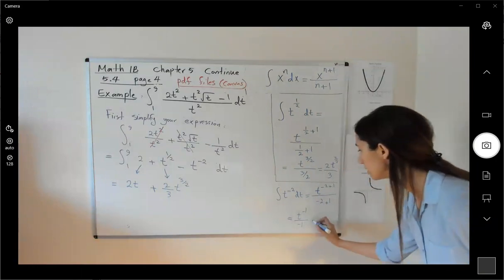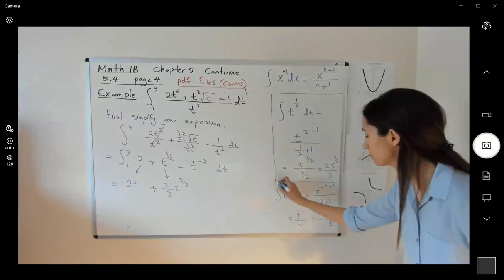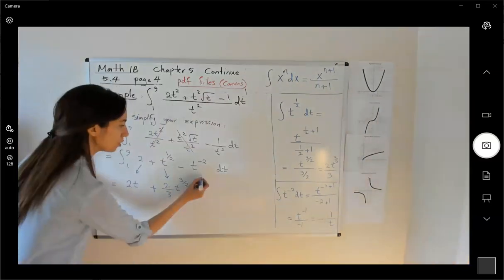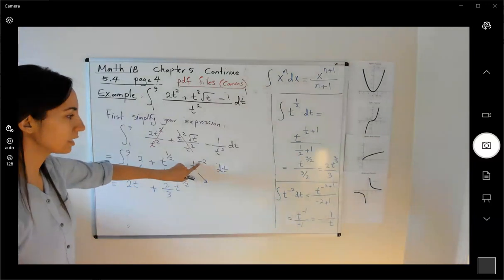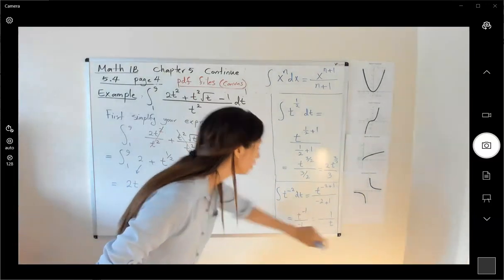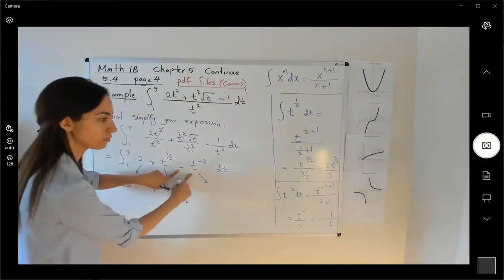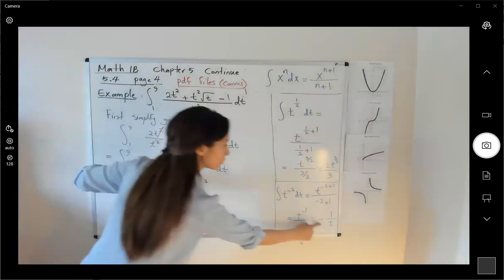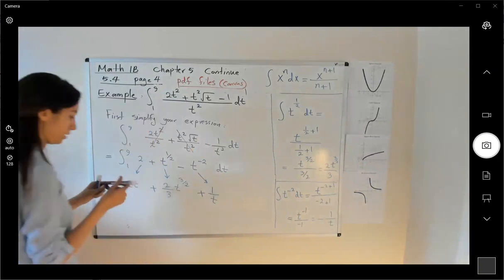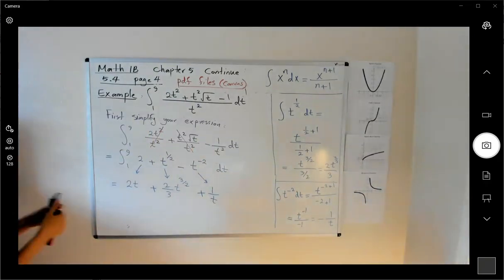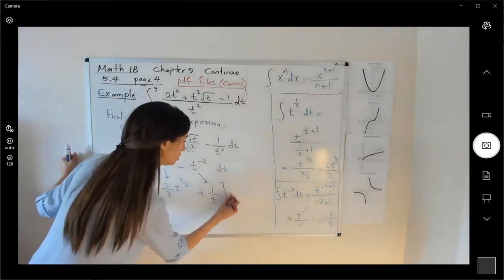If you simplify this, you get minus 1 over t. So the integral of t to negative 2 is minus 1 over t. You already have a negative sign in front of t to negative 2. Negative times negative gives you positive 1 over t. We have lower bound and upper bound, 1 to 9.